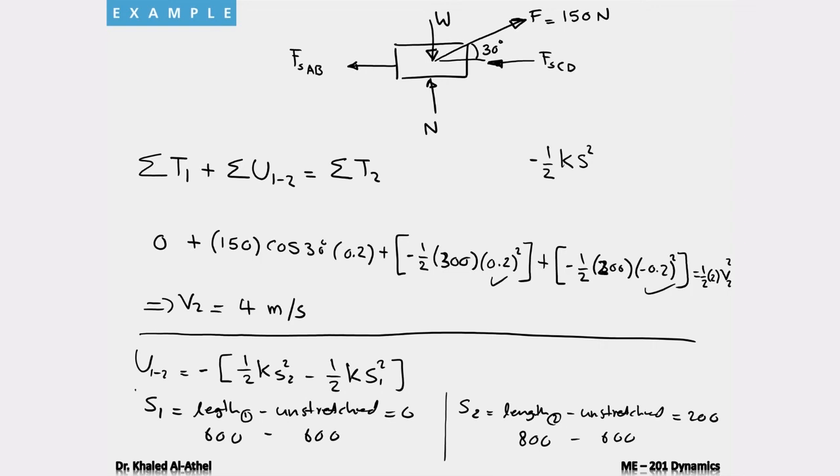If you have another problem where the original position of the spring is not the same as the unstretched, then this expression will change. Therefore, in this problem, I used the shortcut since the unstretched length is the same as the original. Otherwise, you have to use this approach.